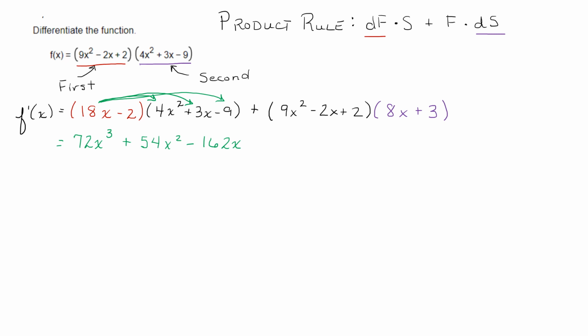Okay, so we distributed the 18x. Now we want to distribute the negative 2. So negative 2 times 4x squared is negative 8x squared.